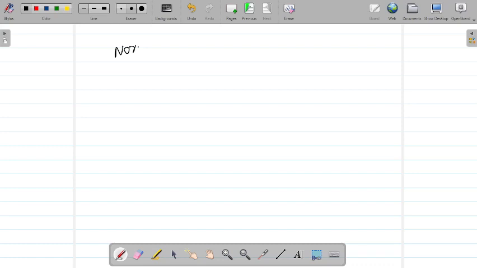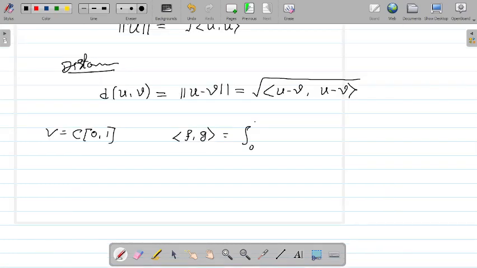So one thing you tell me, I am taking the set of all continuous functions on the interval 0 comma 1. The inner product is defined like this: inner product of f comma g is defined as the integral from 0 to 1 of f of x into g of x dx. So can you tell me what is the norm of, let me write the function directly, what is the norm of x minus 1 by 2?